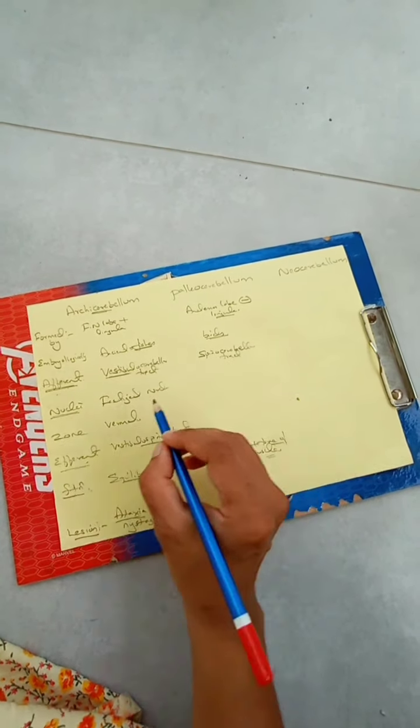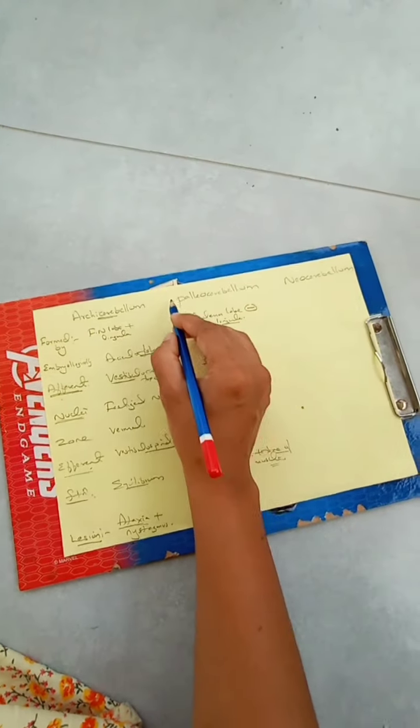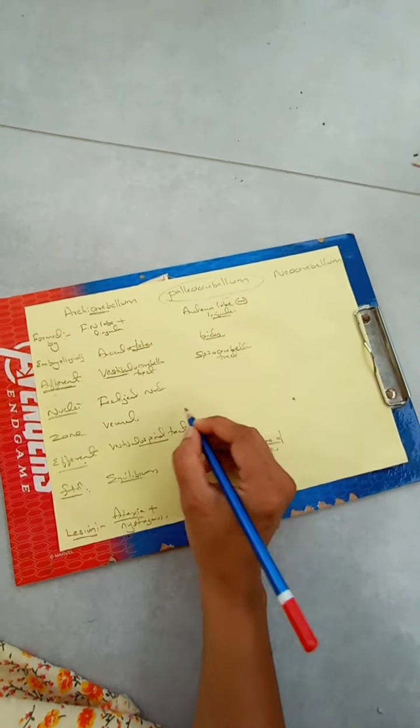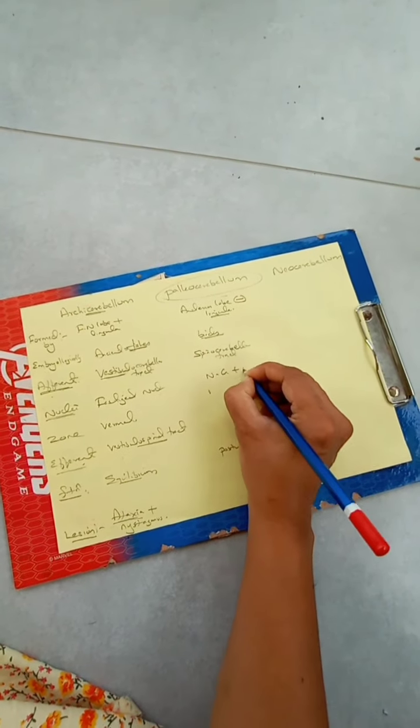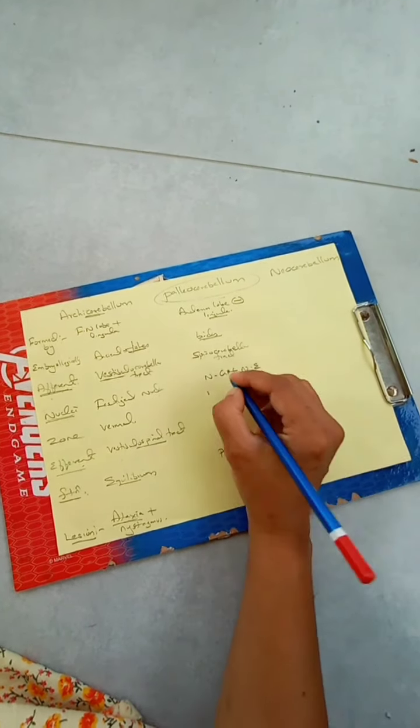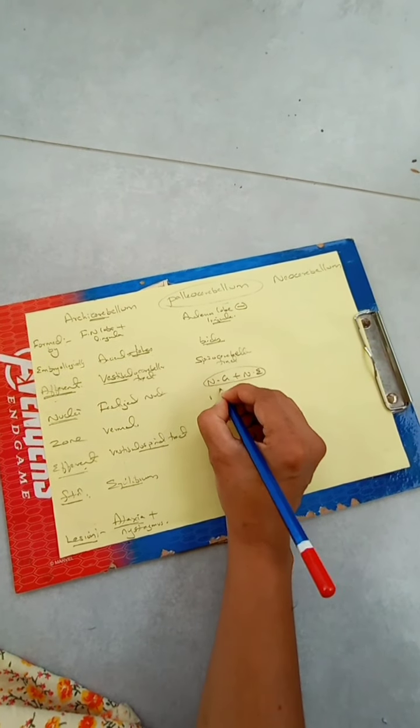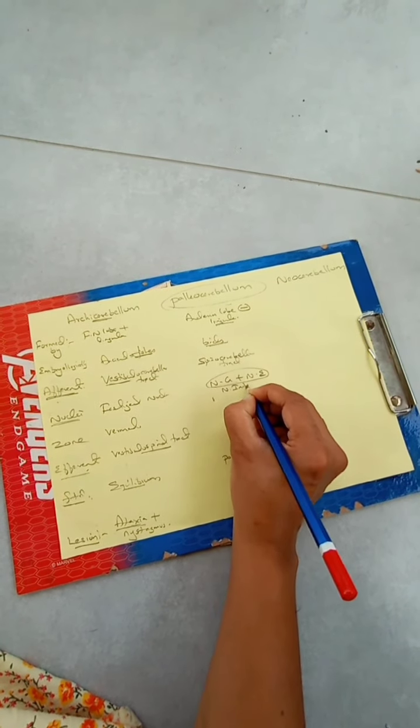What are the nuclei responsible for this part of the cerebellum? That is our nucleus globosus plus nucleus emboliformis. Together we have a name called nucleus interpositus.